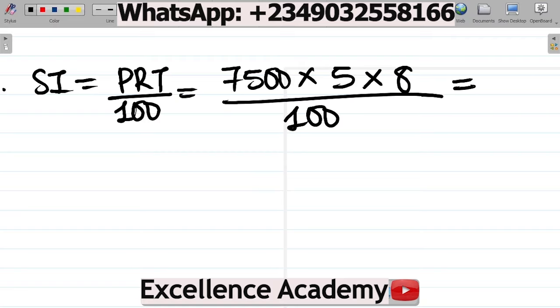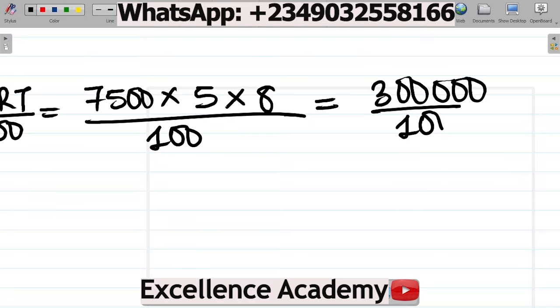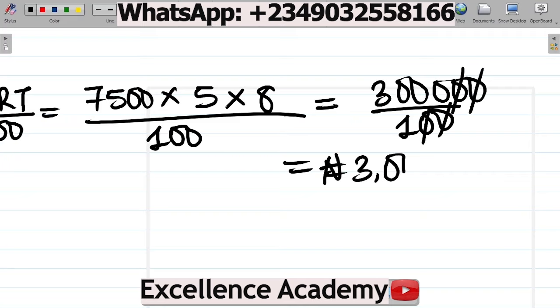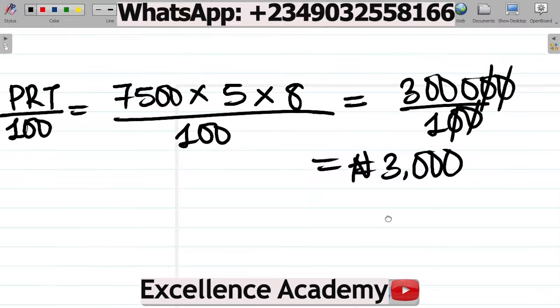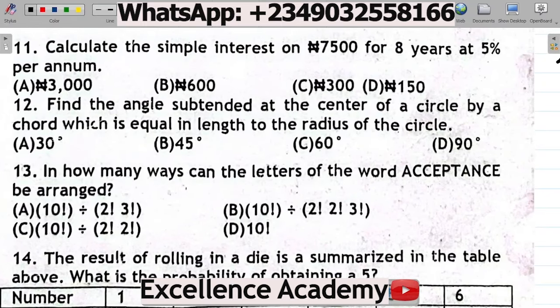You have 7,500 multiplied by 5 multiplied by 8. That gives you 300,000 all over 100. So 300,000 over 100, this cancels this cancels this. Your value there becomes 3,000 in the currency, which is naira. So the correct answer for question number 11 is A, 3,000 naira.